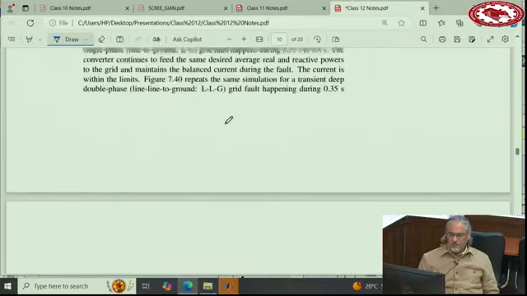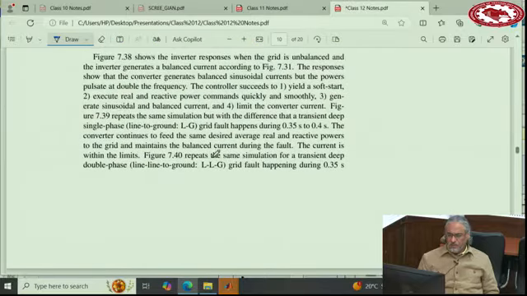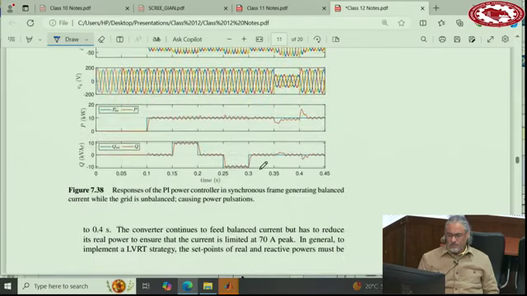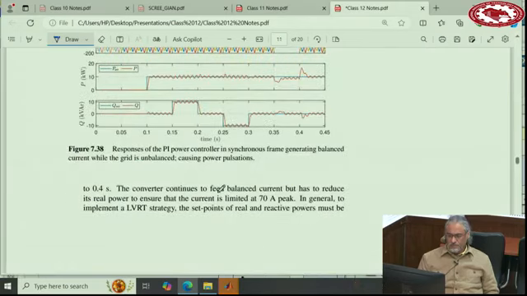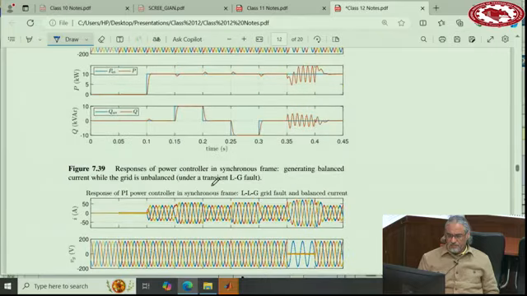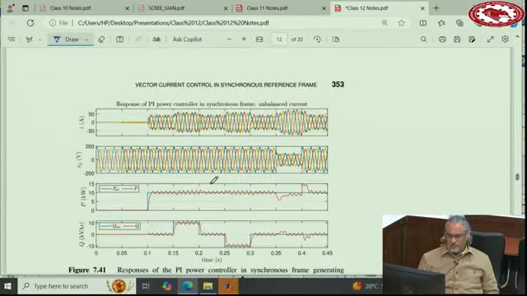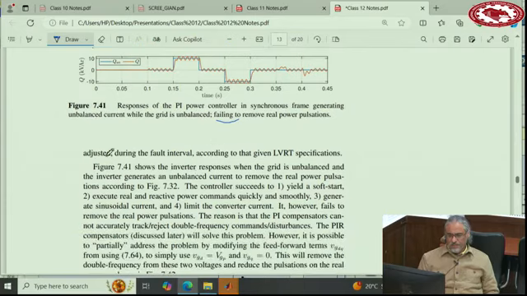I should have explained in the text. Okay. 7.41 shows the inverter responses when the grid is unbalanced and the inverter generates an unbalanced current to remove the real power pulsations, according to figure 7.32, which is that block diagram.